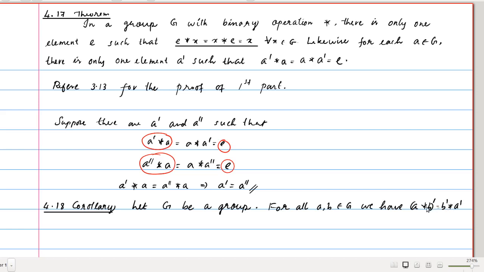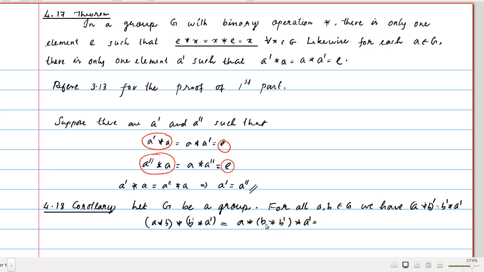To prove this result, we have to prove that the inverse of A star B is B prime star A prime. If we consider B prime star A prime as an element, and A star B is an element of G, then if we operate that element with this, we should get the identity. By the associative property we can write it as A star, associating the second and third elements, B star B prime star A prime.